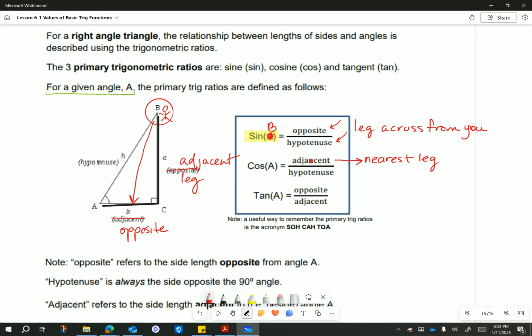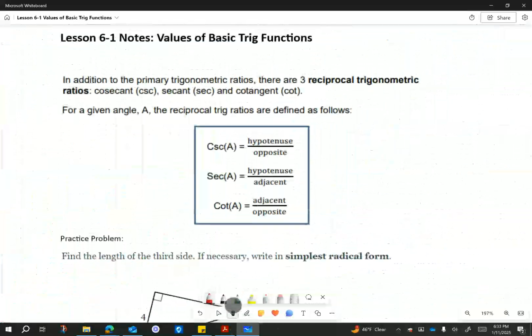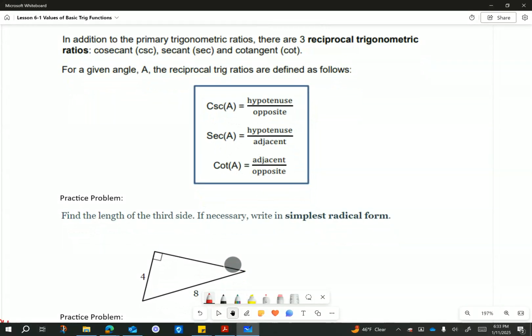Okay, now, in pre-calc, we introduced to you 3 more trig ratios, and we call these the reciprocal trig ratios. So flip your page over, and you're going to notice that cosecant A is actually the reciprocal. You know what? Let's write it on this side, actually. Cosecant A is actually the reciprocal of the sine A function, okay?